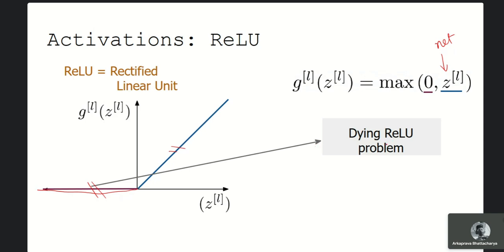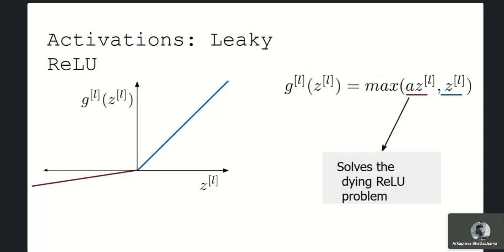And this is what we call the dying ReLU problem. We won't be able to pass any useful gradient to other neurons, and our network may be stuck somewhere and it may stop learning.